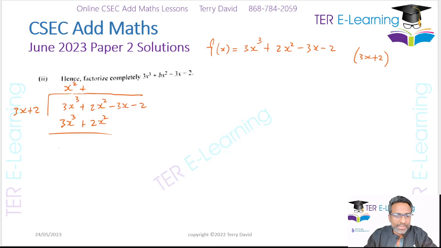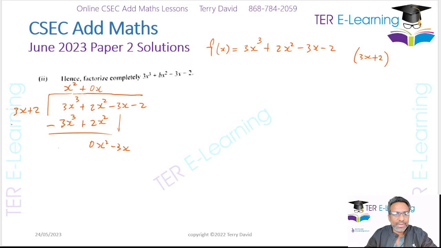So this one is a little trickier in terms of what's happening here, right? So 3x cubed minus, remember you have to subtract this, you're going to get 0. 2x squared minus 2x squared, you're going to get 0x squared, right? And then the next thing we're going to do, we're going to bring down this minus 3x here. Now you have 0x squared here, so therefore you have 0x here, right?